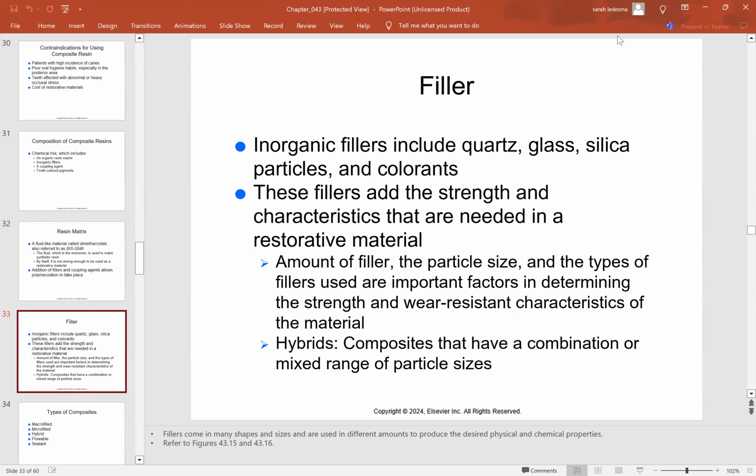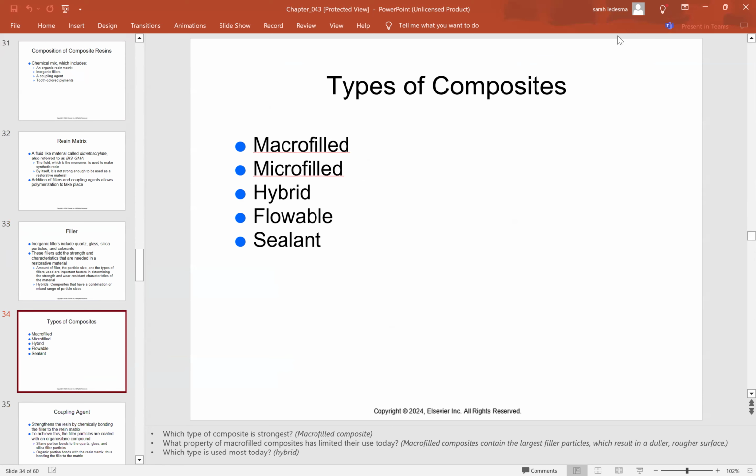These are composites that have a combination or mixed range of particle sizes. These are going to make sure that our composite is polishable and also strong. Types of composite include our macro-filled, micro-filled, hybrid, flowable, and then our sealant.